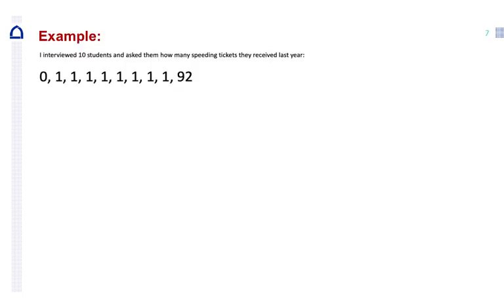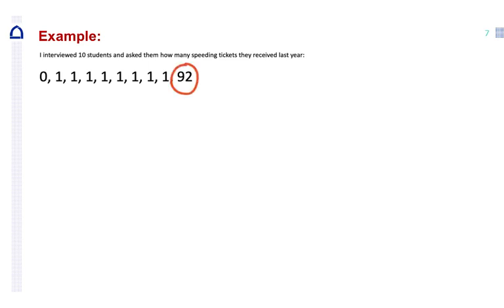I want to do one more example to point out that sometimes the range is not a very good measure of dispersion. And I'll take you back to an example we did in a previous video, and it was 10 students responding to how many speeding tickets they have gotten in the last year.